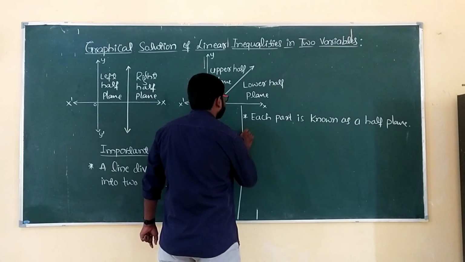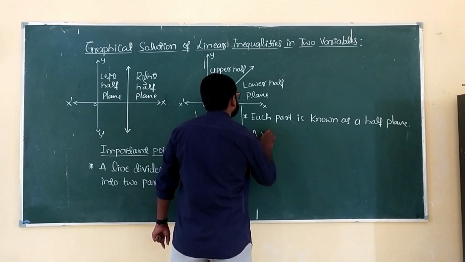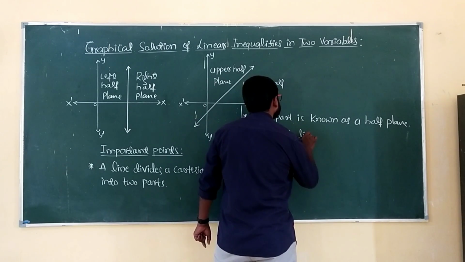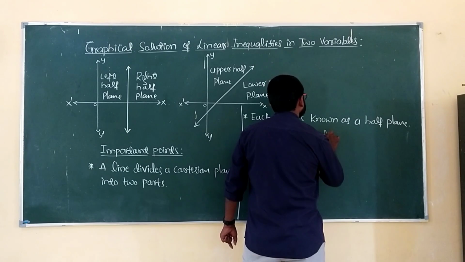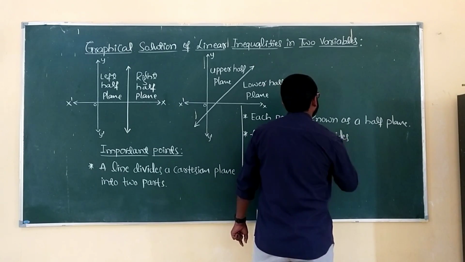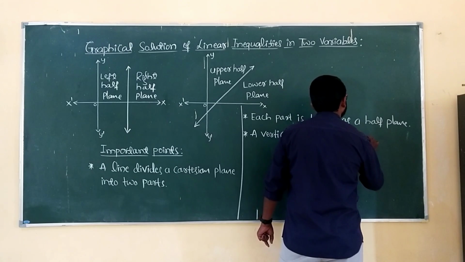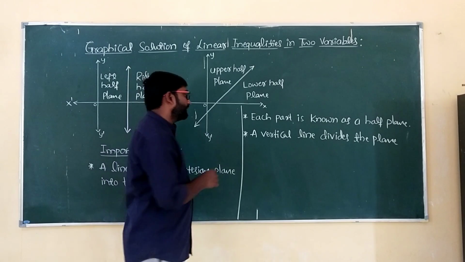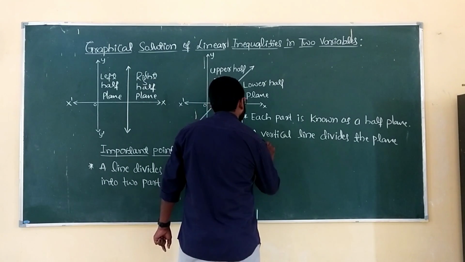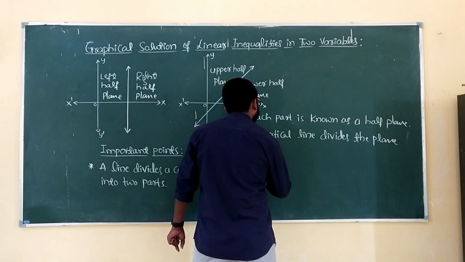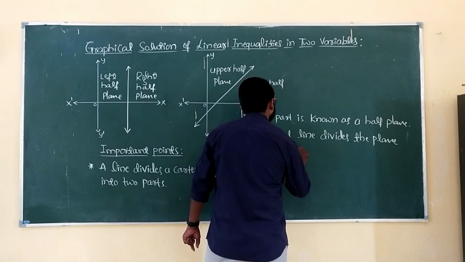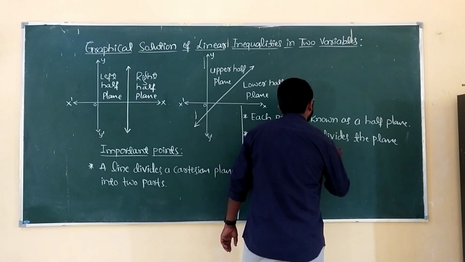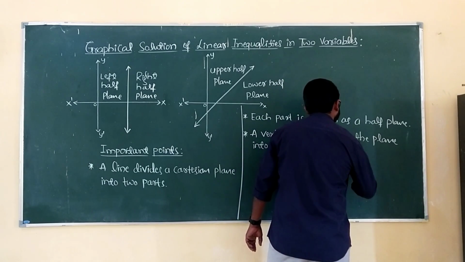So the next point is, a vertical line divides the plane, the Cartesian plane, into left and right half planes.